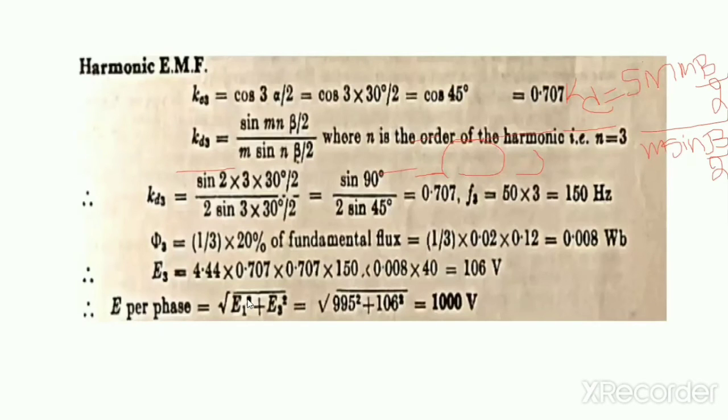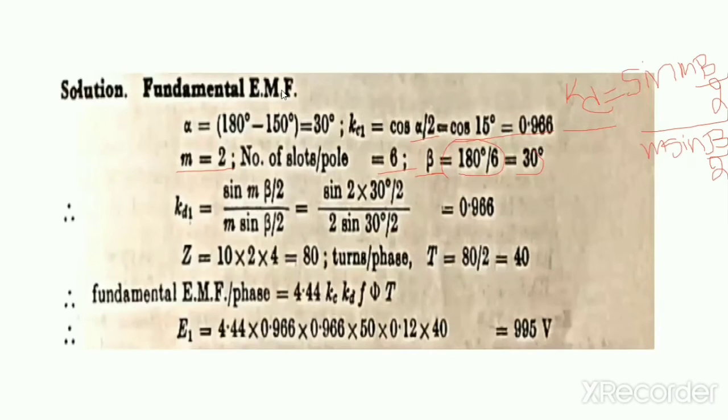Therefore 10 into 2 into 4 conductors per slot will be equal to 80. This is the number of conductors, Z. By using Z we calculate the turns. The formula for turns is T equal to Z by 2, that is equal to 40.